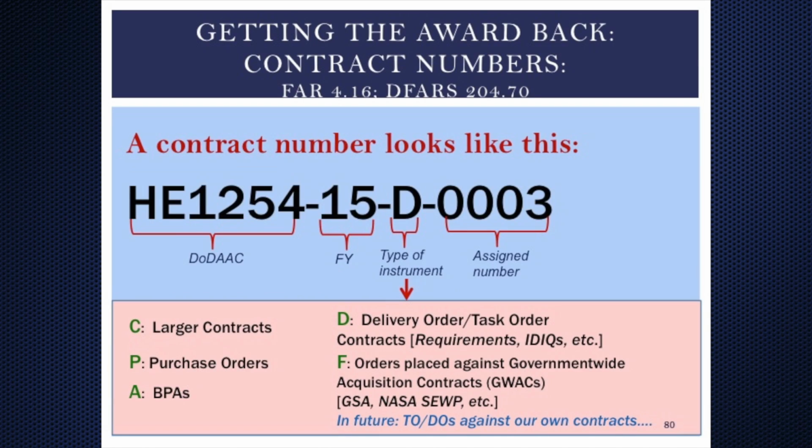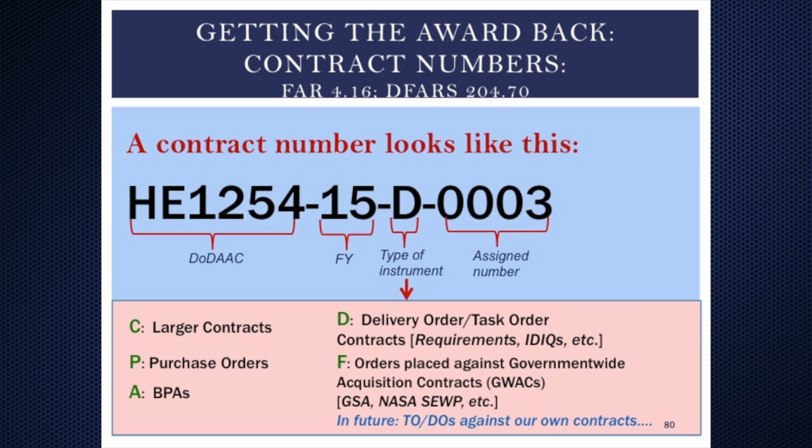Okay, finally, this is not really related to CLIN structure, but for someone brand new to the contract procurement process, I wanted to provide you with some slides to help you understand the way we number our contracts. You can look at the references up there, FAR 4.16 and DFARS 204.70, which provide the guidance for the way we number our contracts.